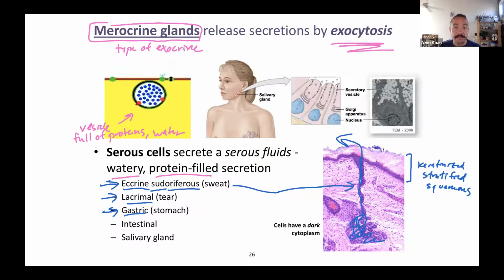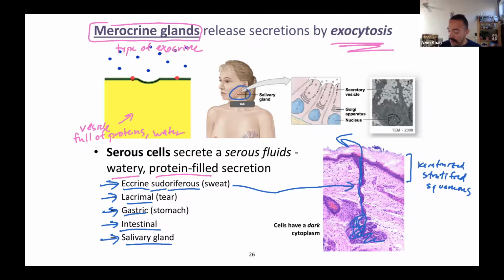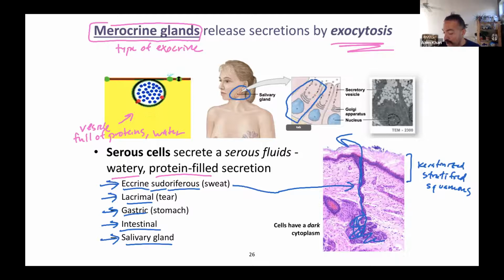Gastric is related to the stomach. Similarly, you have glands in the intestines, boring name, intestinal glands. They are for releasing enzymes and other important things to help with digestion and absorption of nutrients. And we've talked about salivary glands, how they are cuboidal cells. They release stuff by exocytosis into a duct. That's how we release saliva into our oral cavity, our mouth.